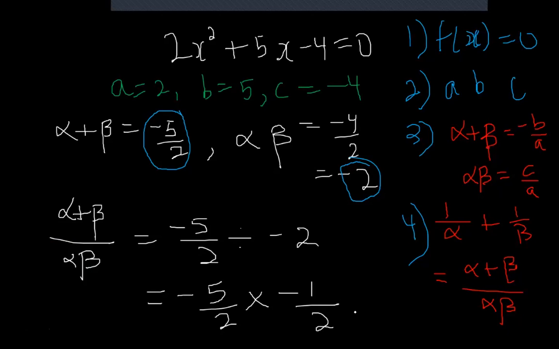So can anybody tell me what would be the answer in this case? What's minus 5 on 2 multiplied by minus a half? 5 on 4. Everybody understands?